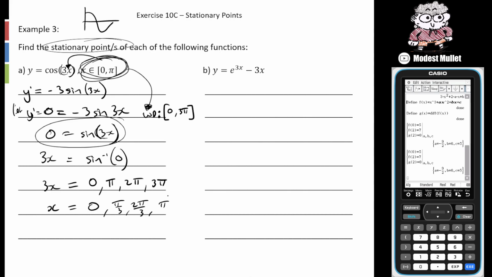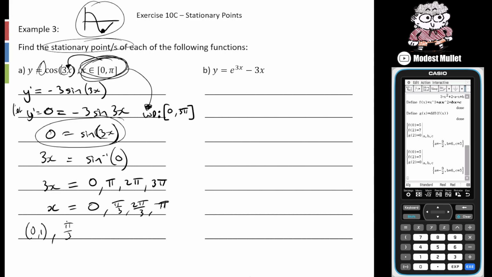Now it is asking for the stationary points, so again it needs to be coordinates. Now you could substitute each of these individually into this function, but we can recognize that the amplitude of this function is 1. There's no dilation from the horizontal axis. So it's a regular cos function. We know a cos starts like this diagram up here. So it's going to be 0, 1 for the first stationary point, but the next stationary point is going to be a minimum.